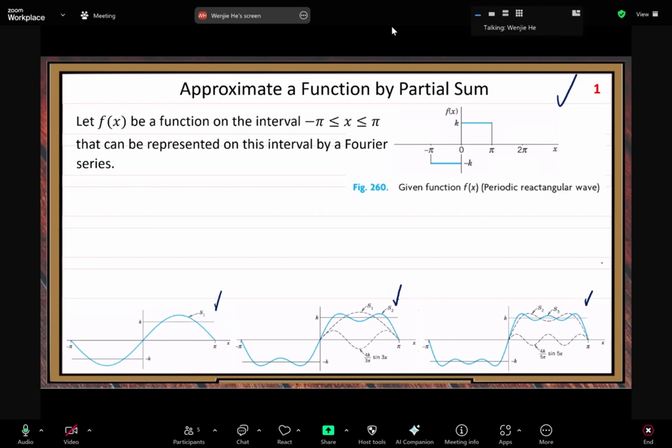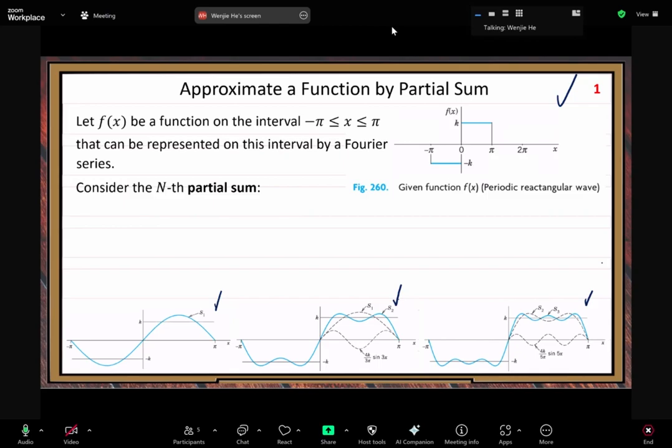Although we know the meaning of the word error, in math, do you know how to define the quantity of this error? When you approximate, here you use the partial sum of the Fourier series to approximate the original function. The question is, how do you define the total error term? So we need to answer that question first.